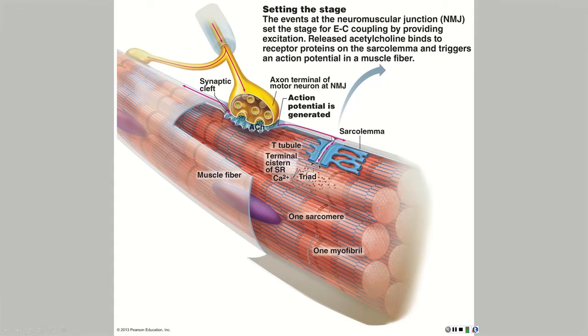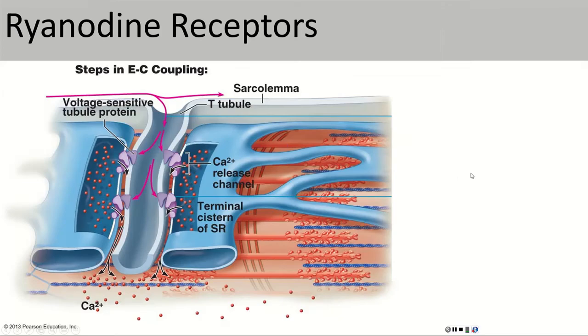Now, we get to a point where there's a T-tubule. Remember, T-tubules are just enfoldings of the plasma membrane that run through the muscle cell, so they have all of those same proteins. When an action potential is traveling along the sarcolemma, it also travels down the T-tubule.